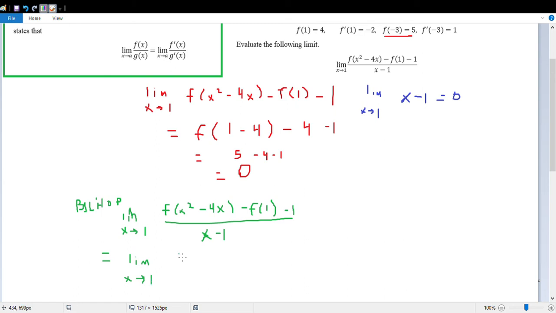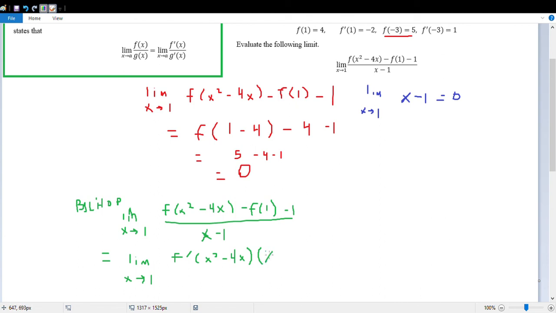So now we need to take the derivative of the numerator. Well, the derivative of f of x squared minus 4x is f prime of x squared minus 4x, because that's how we take the derivative. We take the derivative of the outside first, and we leave the inside exactly the same. But now I'm going to multiply by the chain. And watch carefully how I put the chain in parentheses.